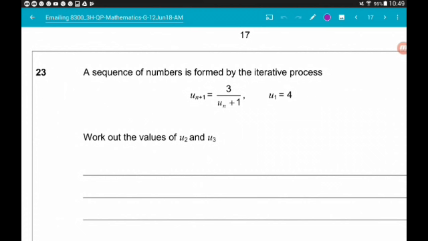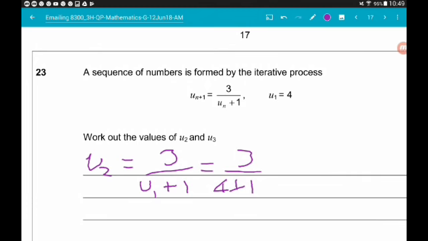So, u2 is 3 over u1 plus 1, which is 3 over 4 plus 1, which is 3 over 5.